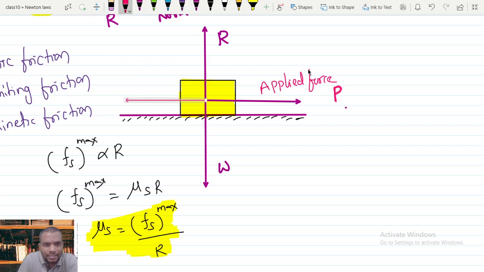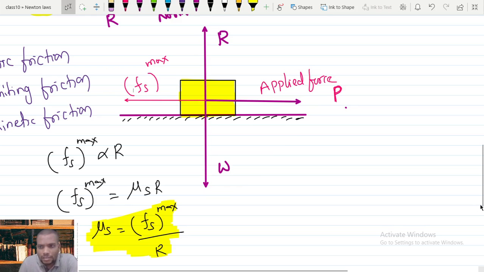Right now I take this friction as the static friction F suffix s max. The applied force is opposite to F suffix s max.